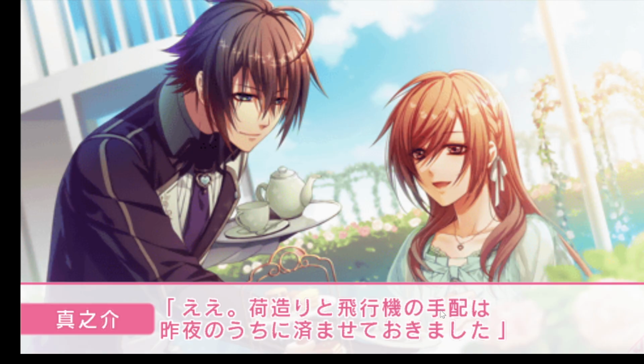Oh, sorry. So this is nizukuri to hikouki no tehai. So the luggage and the preparation for the flight. Yes, exactly. So the packing, basically, you could say the making of luggage. So packing and the preparation for flights. Yes.